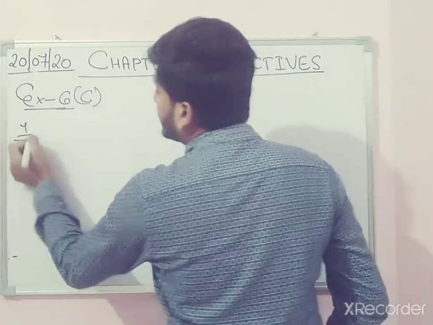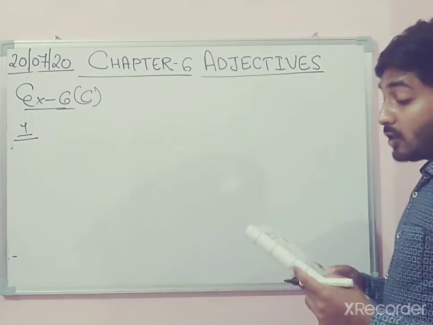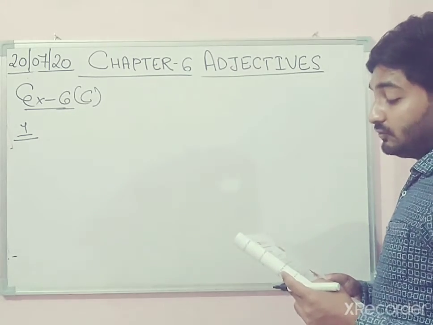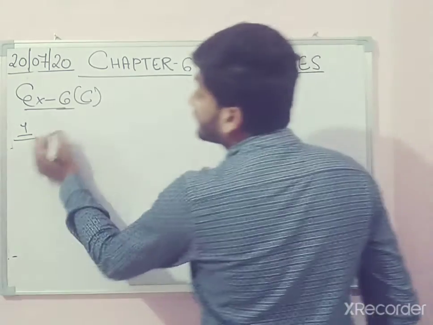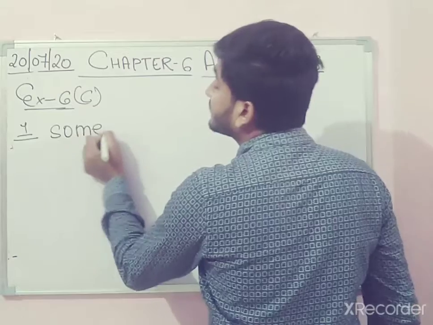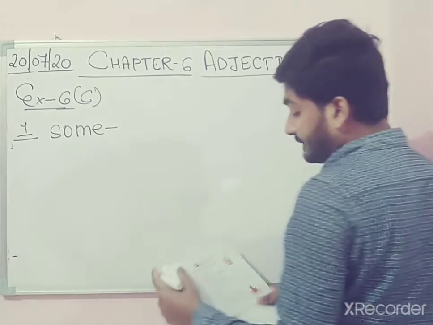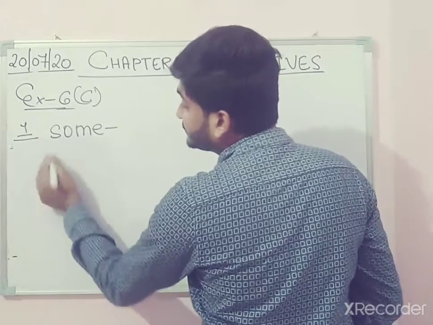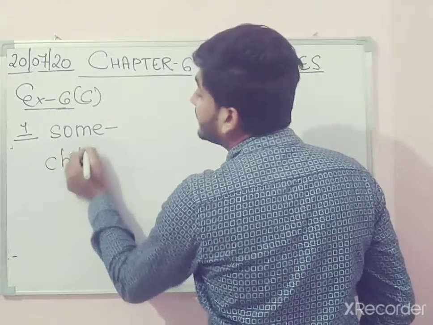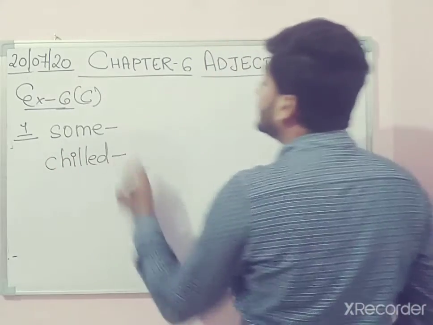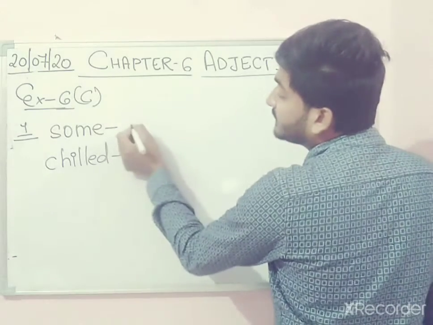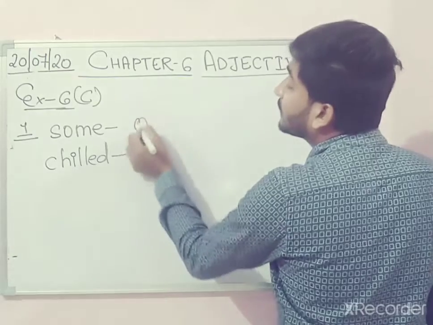Number 1. Number 1 is Tom asked for some chilled juice. Chilled juice. Okay. So some. How much juice? Some. And what kind of juice? Chilled. Thanda juice. Itna thoda sa. So here we are asking about juice. Juice is uncountable noun. That means it is adjective of quantity.